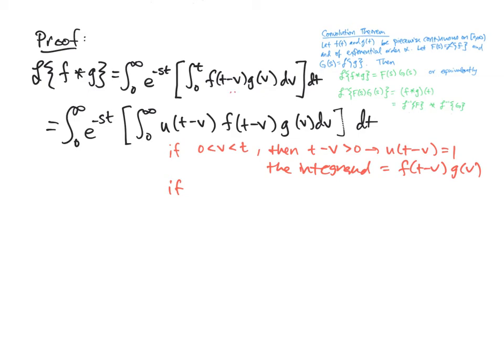Whereas if t is less than v, then t minus v is negative, and that means that u of t minus v equals 0, and the integrand equals 0.